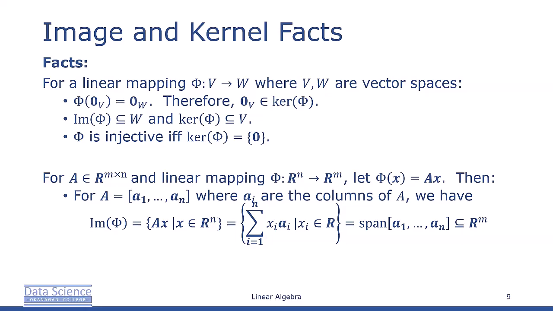That is, the image is the span of the columns of A, also called the column space. Therefore, the column space, the image, is a subspace of R^m, where m is the height of the matrix.